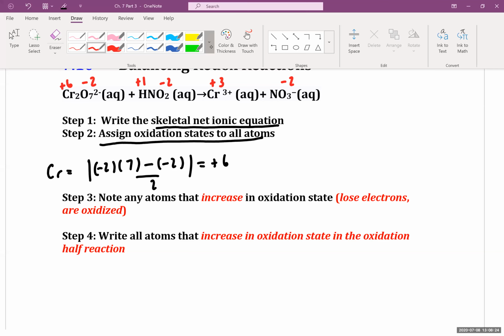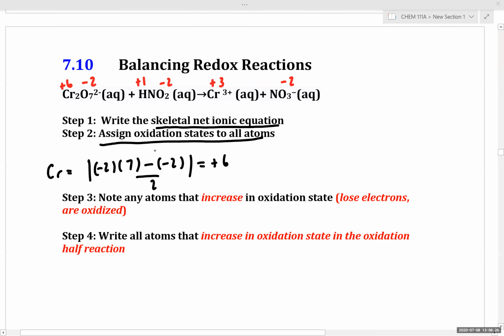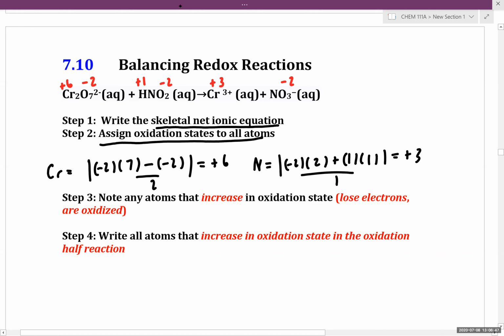Okay, now let's look at nitrous acid. So calculating the oxidation number of nitrogen, we have -2 times 2 plus 1 times 1 for the +1 oxidation number of hydrogen over 1. And that in turn gives us an oxidation number of +3.